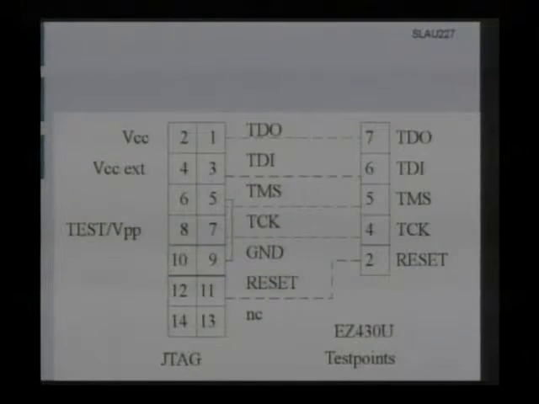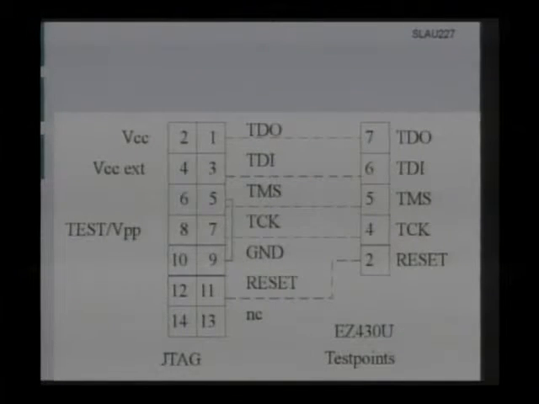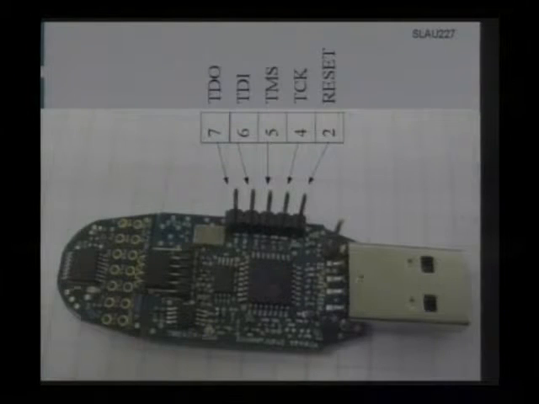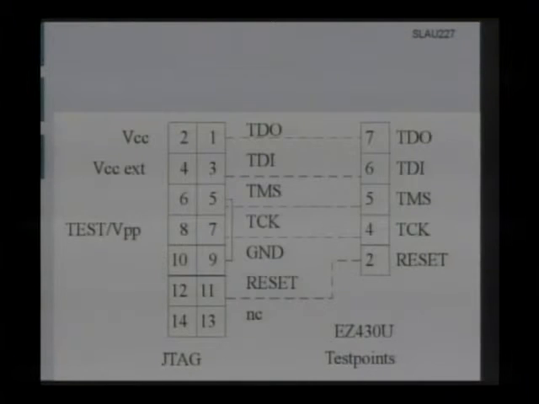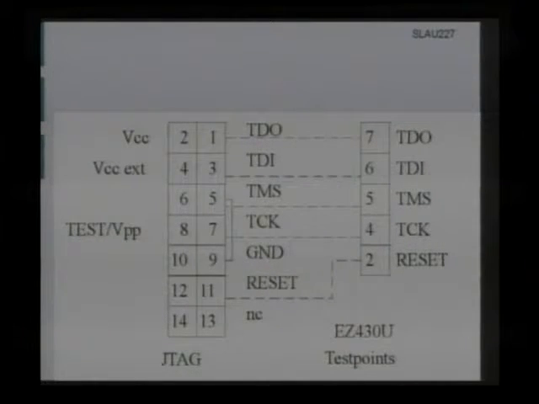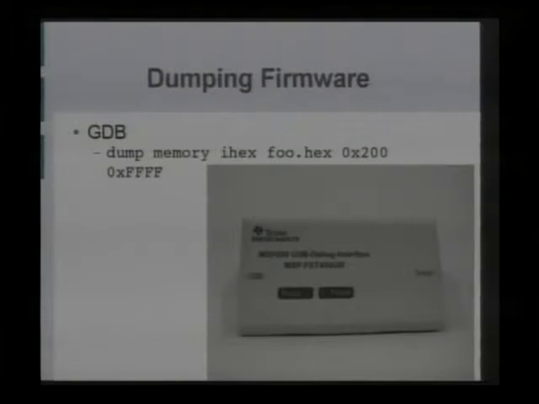Now, on the EZ430, if you read the documentation, you'll find the JTAG pins, and they exist as test points on the side of the device. So if you build an adapter, you plug it up, you can then hook up another in-circuit debugger from TI, and you can dump all of the code from the target device. You can also replace the code.